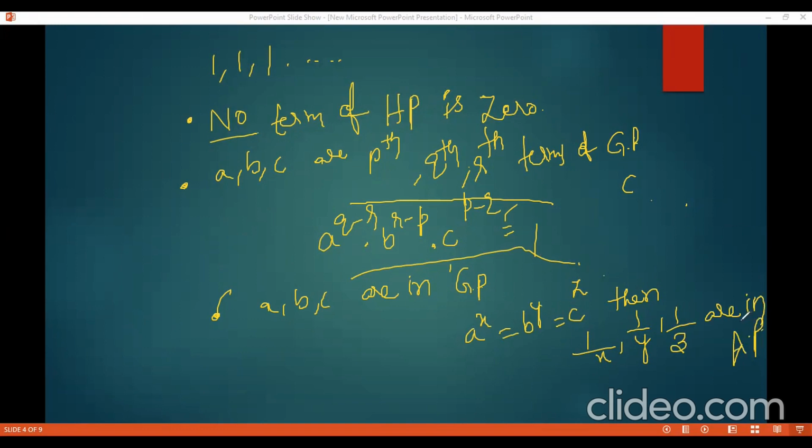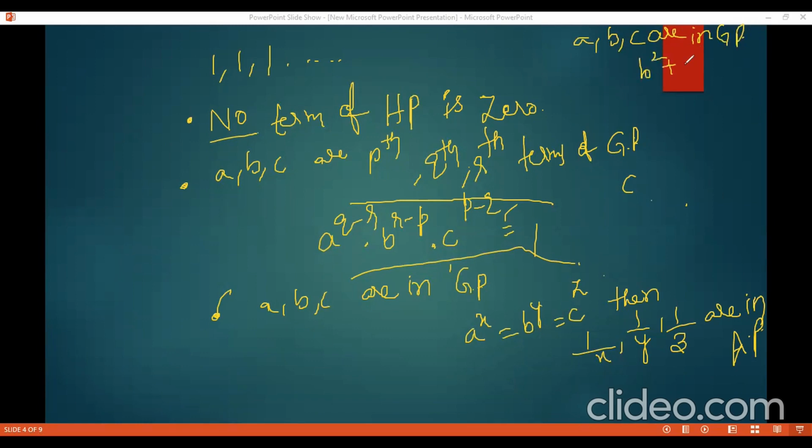If A, B, C are in GP, then what do you write? That is the next point. If A, B, C are in GP, then what do you get?